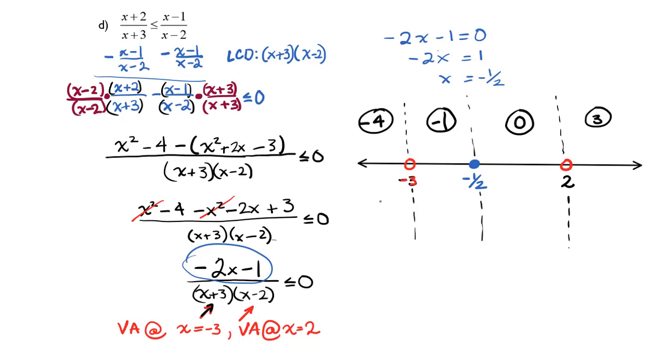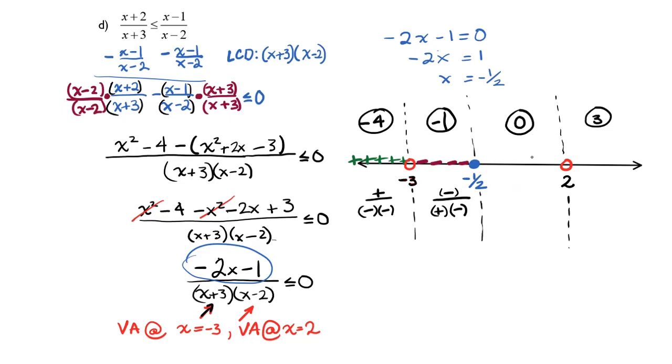Substituting negative 4 into my inequality, I will get a positive over a negative times a negative. This will give me a positive interval. Substituting negative 1 into the inequality will give me a negative divided by a positive times a negative. This will give me an overall negative interval.